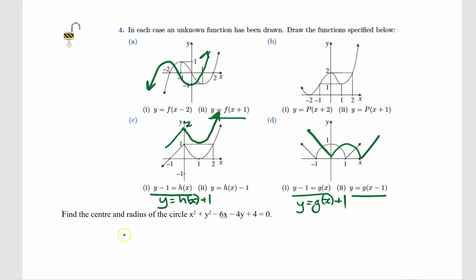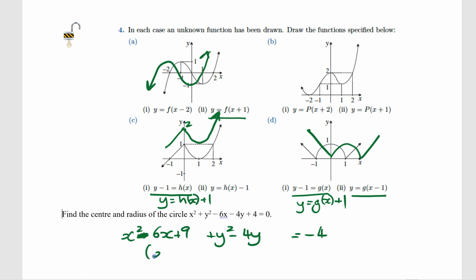We also had a quick look at this to find the centre and radius of this circle. So start to set it up for completing the square. So x squared minus 6x, y squared minus 4y. Take that 4 here over to the other side, so it's negative 4. Complete the square on this, so half of minus 6, which is minus 3, and square it.